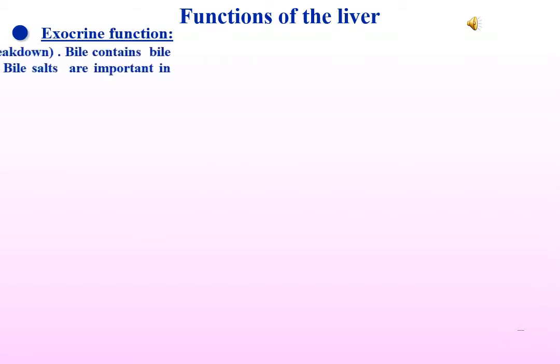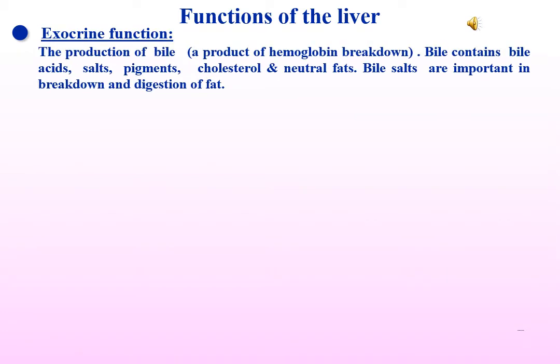Functions of the liver. The liver has an exocrine as well as an endocrine function. Exocrine function of the liver is the production of bile, which is a product of hemoglobin breakdown.